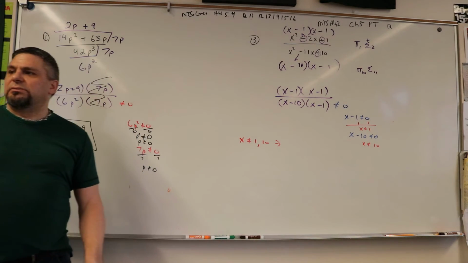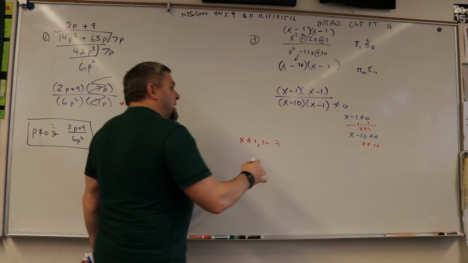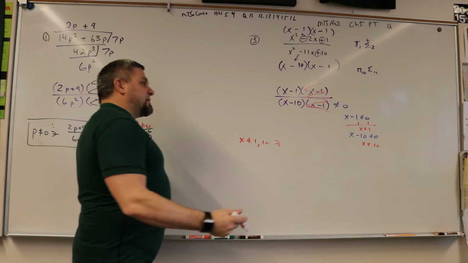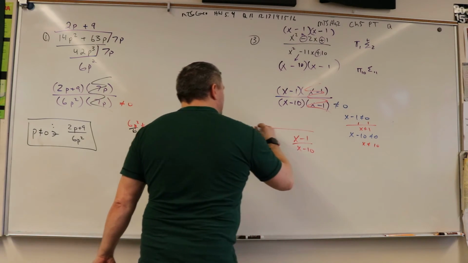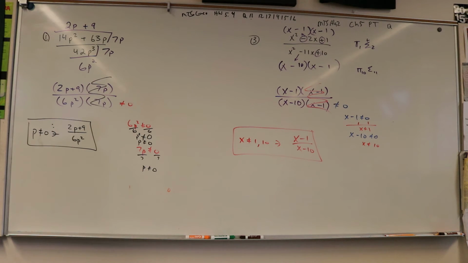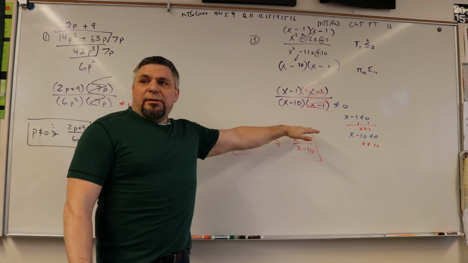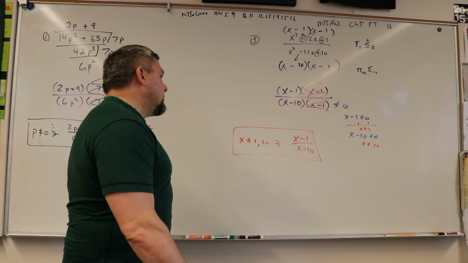And that's when I can cancel these out now and come up with my answer, which is x minus 1 over x minus 10. You do not want to cancel before you find your solution, in other words. Find that solution, because a lot of times half your answers are going to go away. Does that make sense? All right.